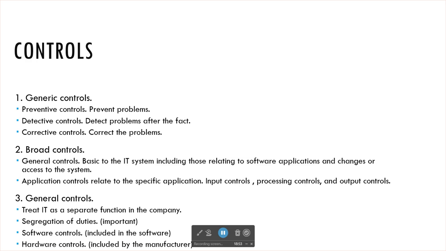General controls suggest that IT should be a separate function of the company. As we previously mentioned, it needs to be separate from management. We have segregation of duties in IT. This is very important. Something you know from the previous PowerPoint is a developer of the software, the one who changes the software, shouldn't be the one that's running the data through, and we call that person an operator.